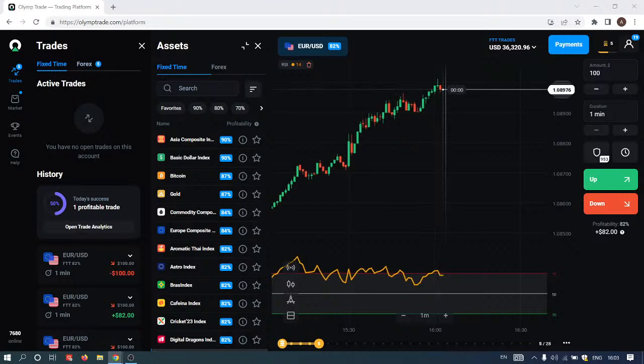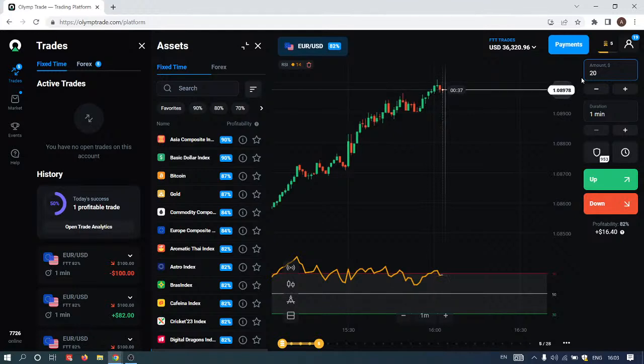Even though I keep saying that I'm not a big fan of quick strategies and of trades with a duration of, say, 1 minute, 2 minutes and less, today is a special event, and I will be trading according to a strategy called Barcode.